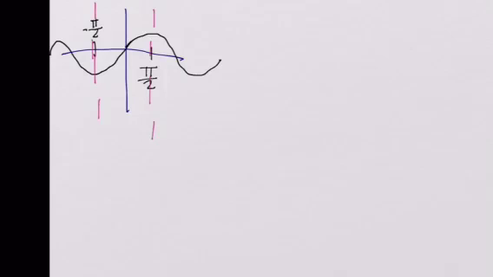In between there, we don't repeat any y values, so on that interval, it is a one-to-one function. So that interval is the closed interval, negative pi over 2 to pi over 2. So we're going to use that interval to define this function for the purposes of inverting it.